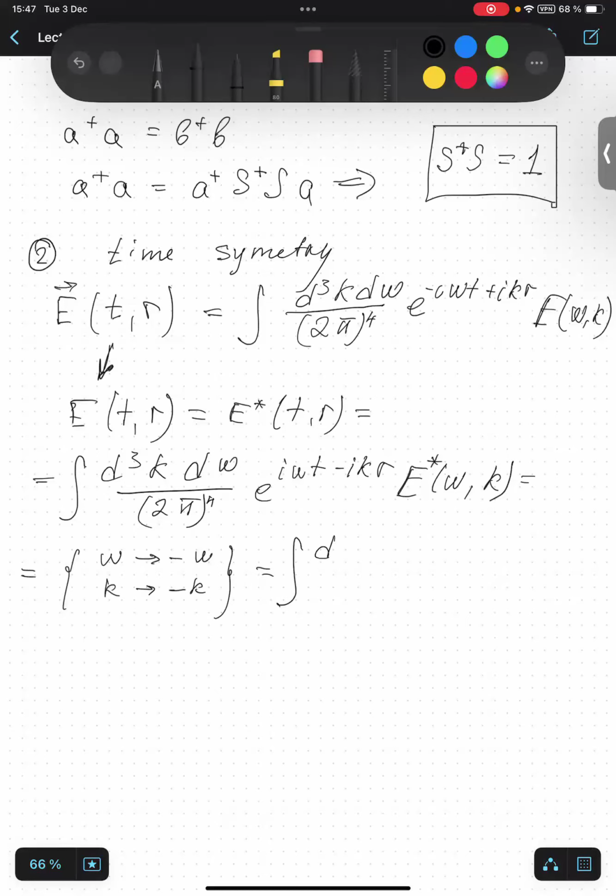We obtain the integral over omega and k in the same exponent, minus i omega t plus i k r, with E conjugated at minus omega, minus k.